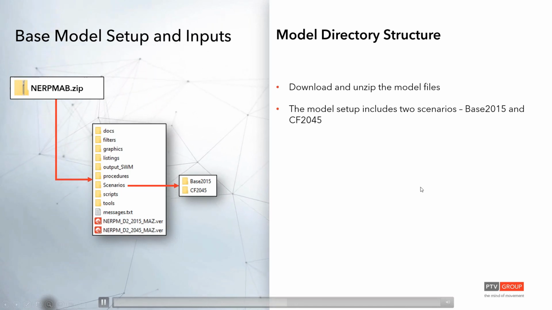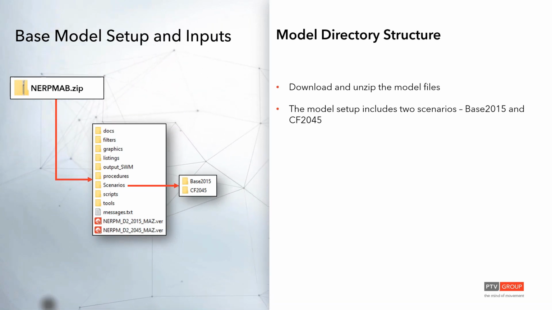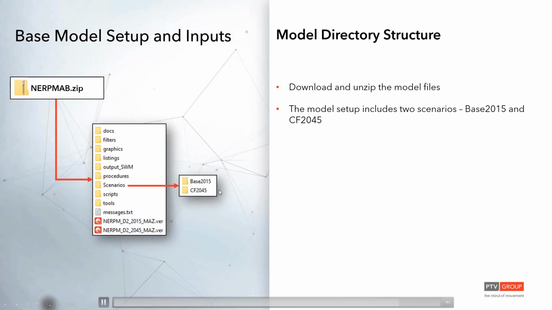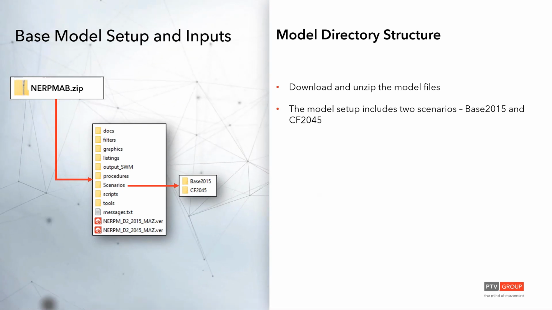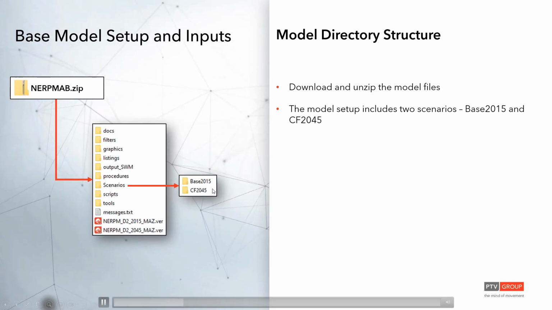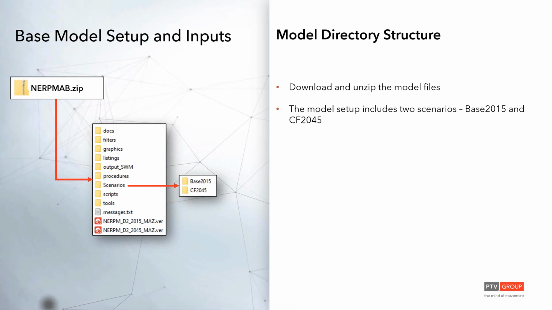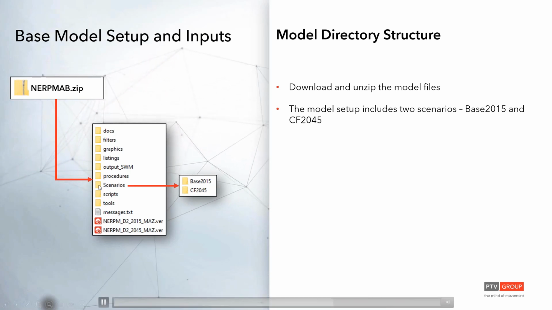NERPM AB currently includes 2 scenarios. The scenarios directory is where all the scenario specific inputs and outputs are stored. For each scenario, you would have a scenario directory, and currently, if you open the scenarios directory, you would see these 2 subdirectories.